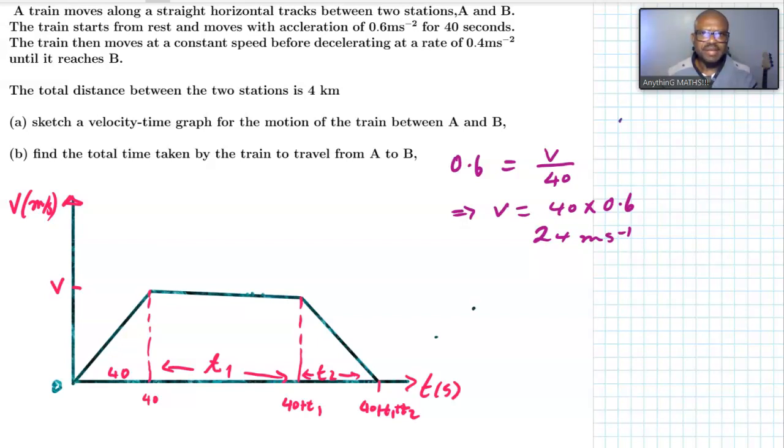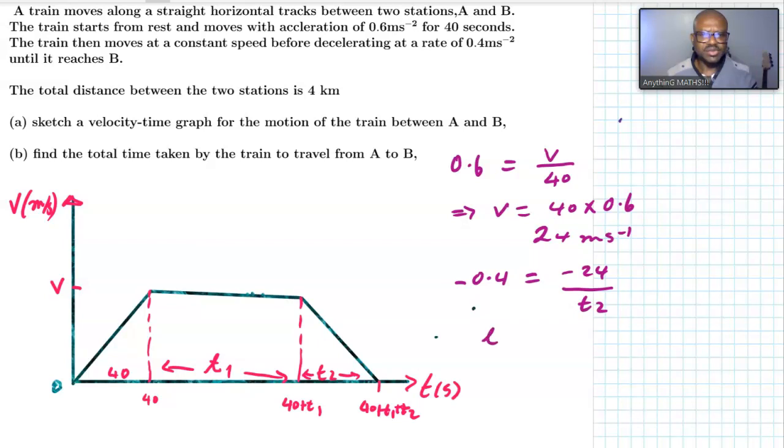Now we will be able to find T2 as well, because we know the deceleration. We know that deceleration is the same as negative 0.4, which is equal to negative 24 divided by T2.